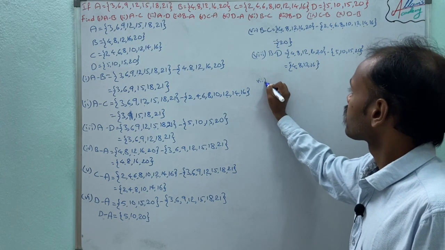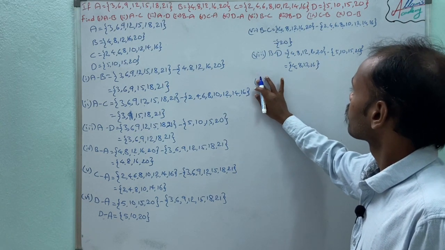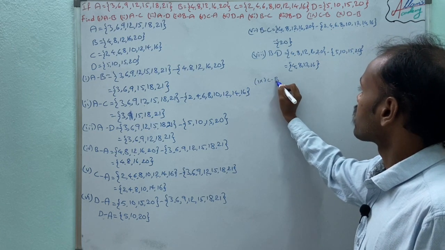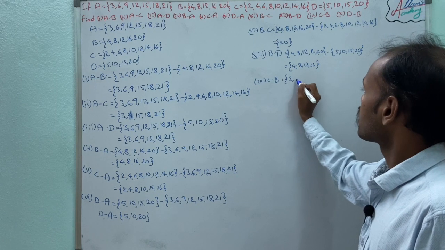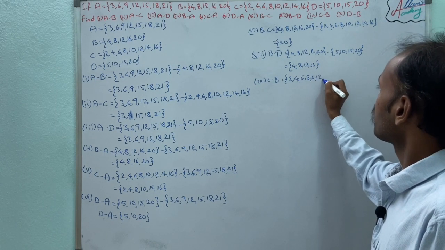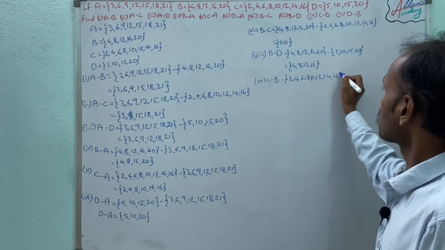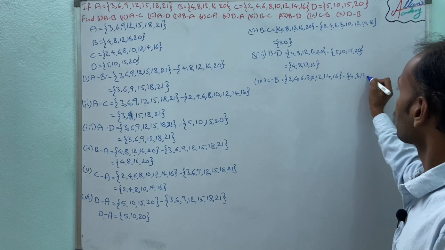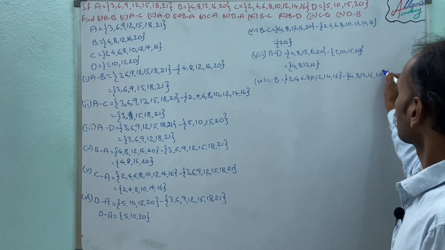Now the ninth problem, C minus B. The set C is 2, 4, 6, 8, 10, 12, 14, 16. The set B is 4, 8, 12, 16, 20.